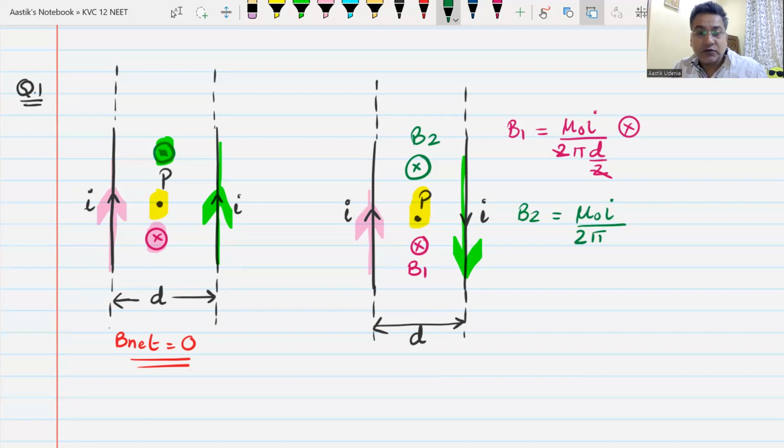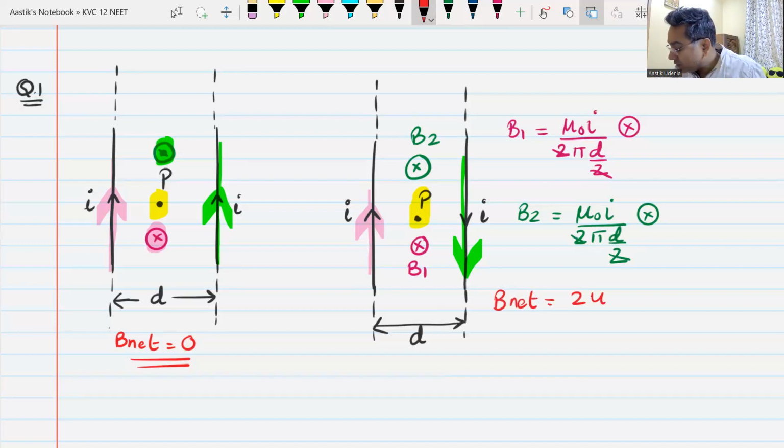The distance between the two wires is given as D. So the distance of point P from the right wire becomes D by 2. This field is also in the cross direction. Now I can find out the net field. The net field will be this field plus this field, 2 times mu naught I by pi D, and the direction is inwards.